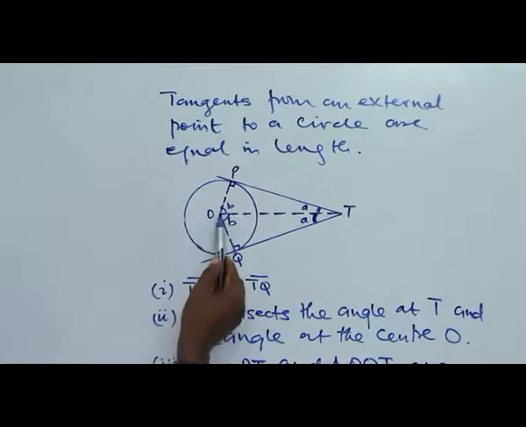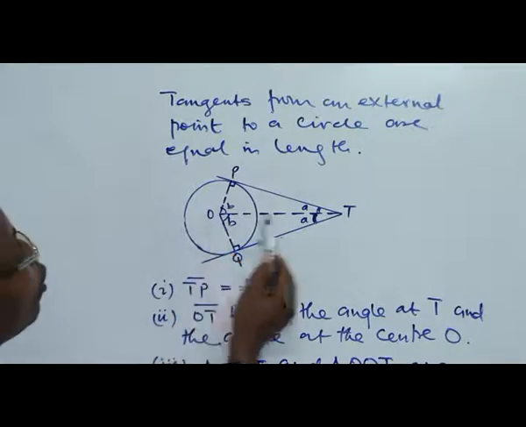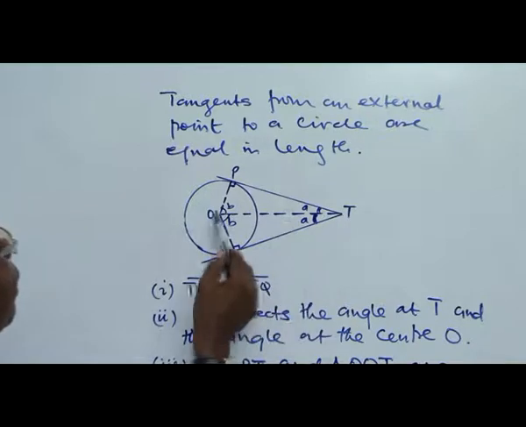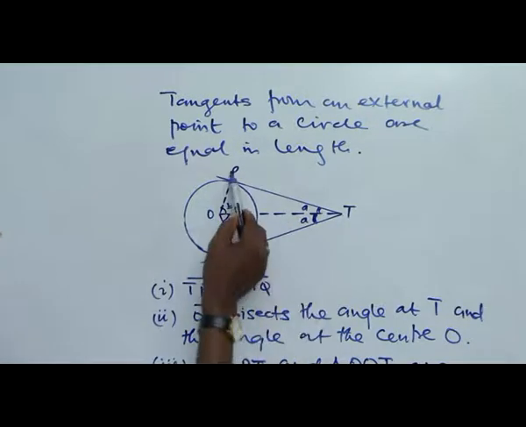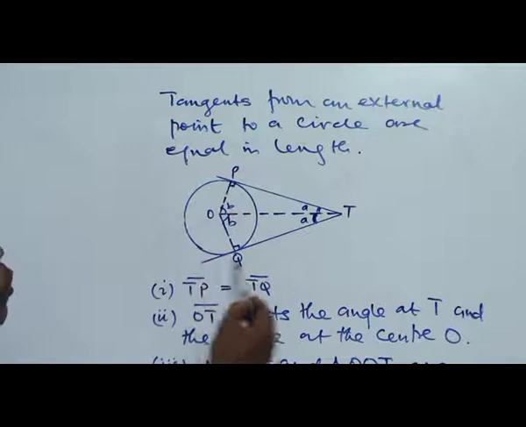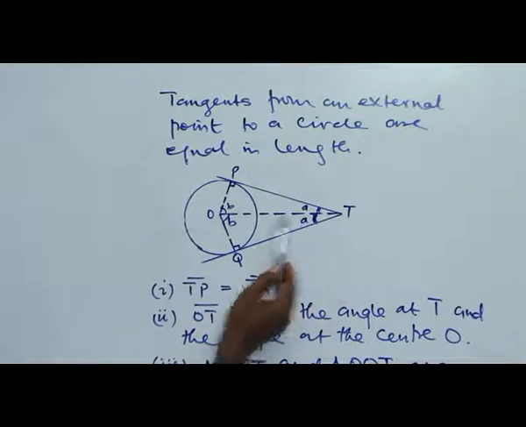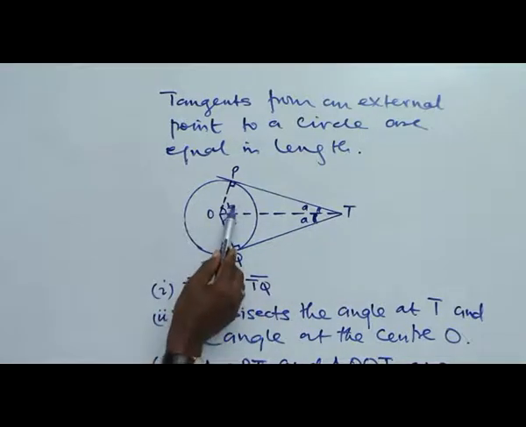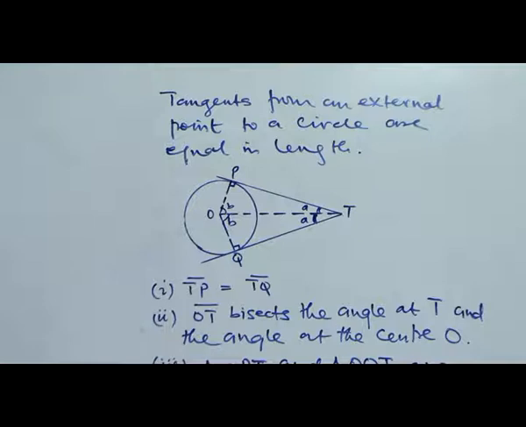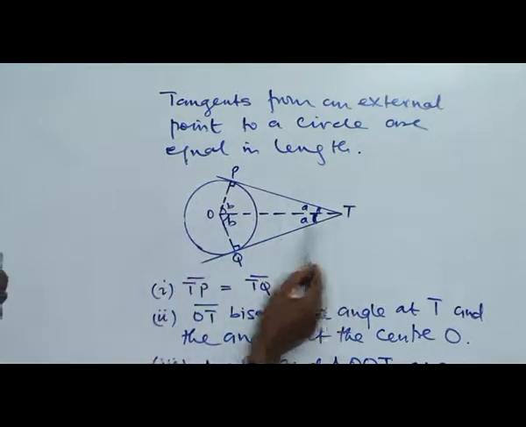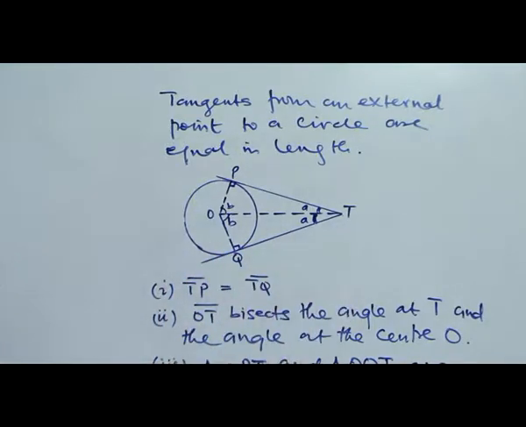And therefore, a line from O to the external point T is a bisector of the shape formed, POQT. And so we now have that this angle and this angle are equal. This angle and this angle are also equal, because the line OT bisects these angles.